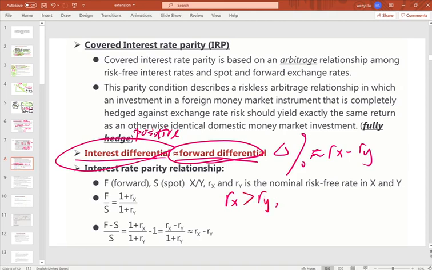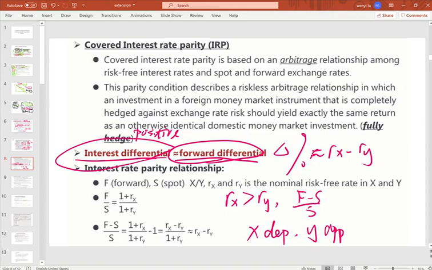So F minus S over S is positive, meaning the forward rate is more than the spot rate. So X depreciates and Y appreciates. That's covered interest rate parity.